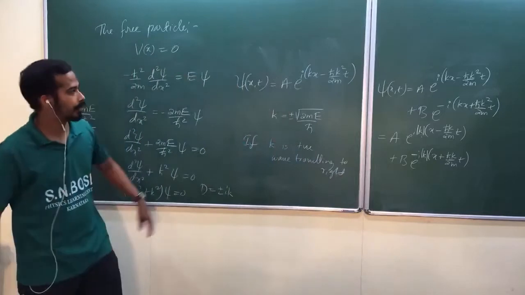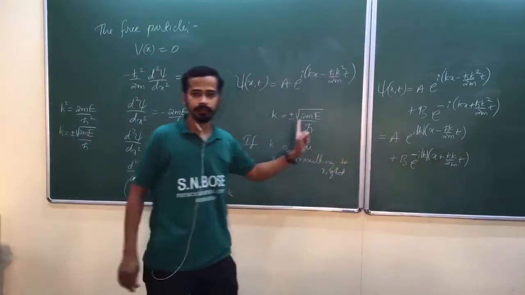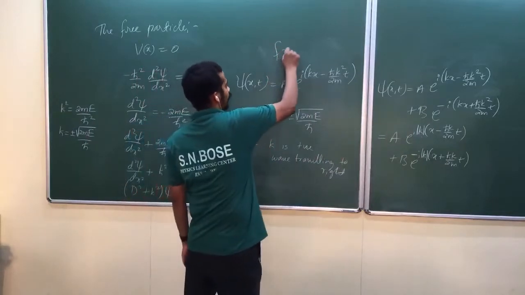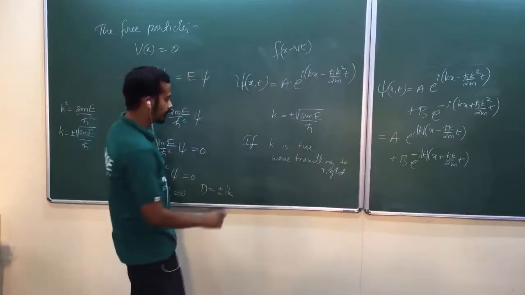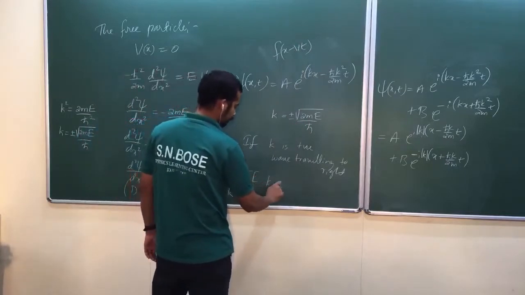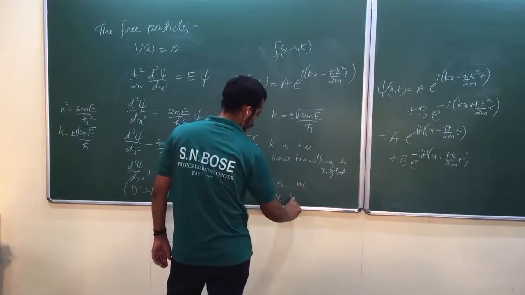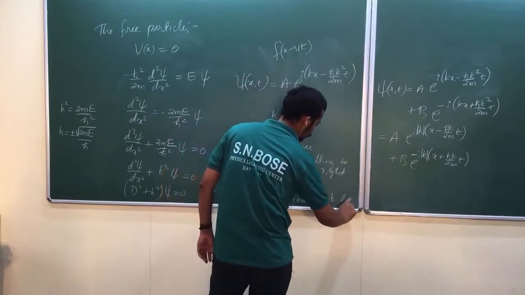Are you getting my point? If k is positive, it will be this kind of part, isn't it? If k is positive, it will be a function of x minus vt kind of thing. If k is negative, it will represent wave traveling to the left.